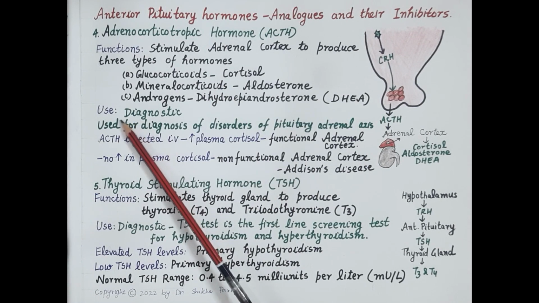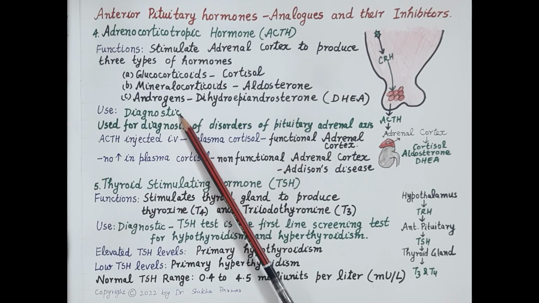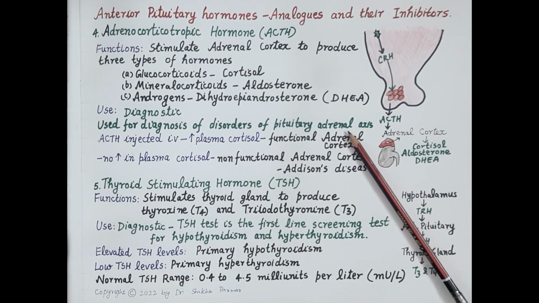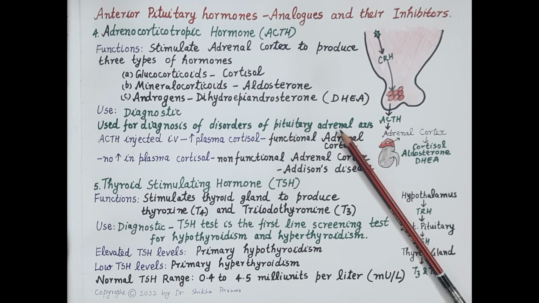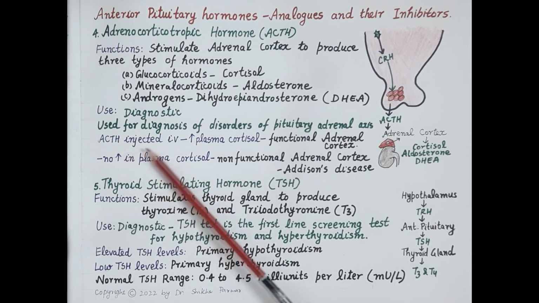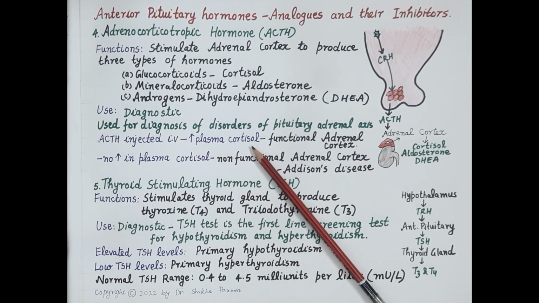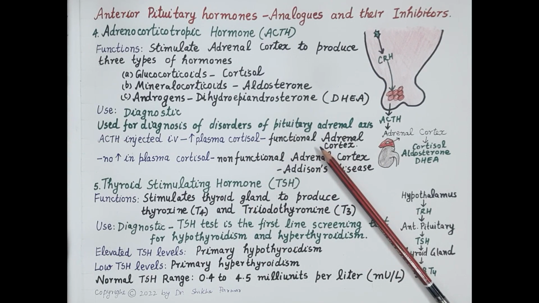Now, ACTH can be used for diagnostic purposes. It can be used for the diagnosis or identification of disorders of the pituitary adrenal axis. That is to find out if the pituitary is functioning normally, if the hypothalamus is functioning normally. As we know, ACTH stimulates the adrenal cortex to release cortisol. If ACTH is injected intravenously, an increase in the level of plasma cortisol indicates normal functioning of the adrenal cortex.